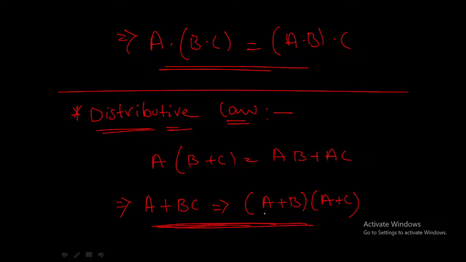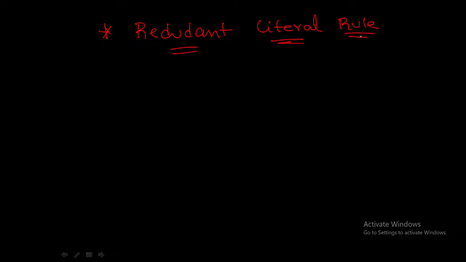Now, using this distributive law, we can come to a conclusion of another law, which is called the redundant literal rule. Let's say we have the expression A + A bar B. How to solve this expression?